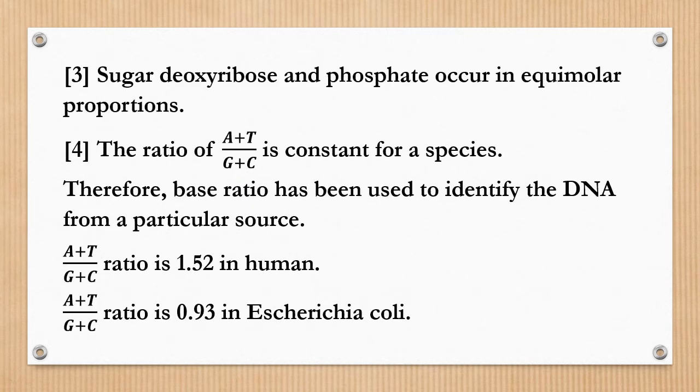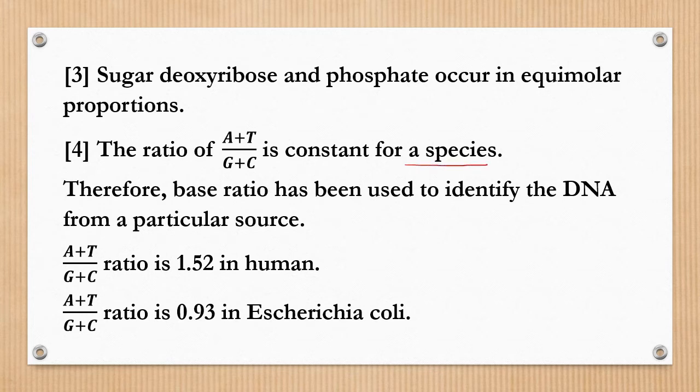Third observation: sugar deoxyribose and phosphate occur in equimolar proportions. Fourth observation: the ratio of A plus T, that means adenine and thymine, to G plus C, guanine and cytosine, is constant for a species.